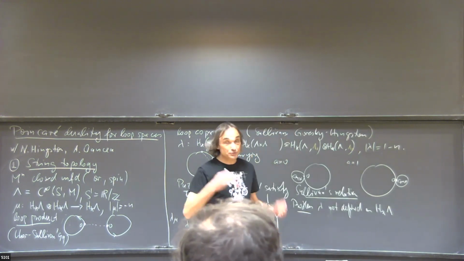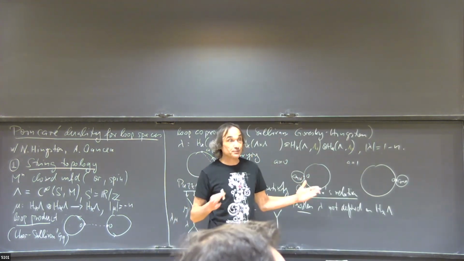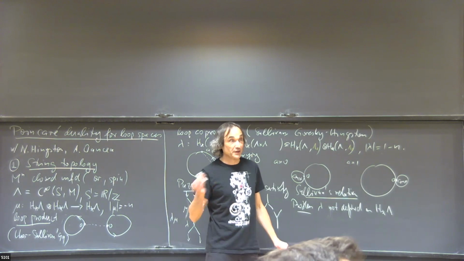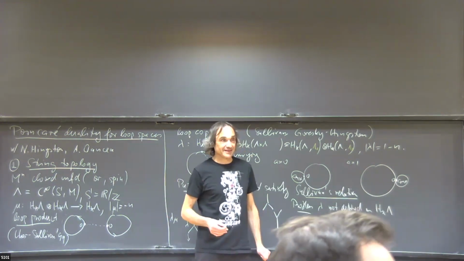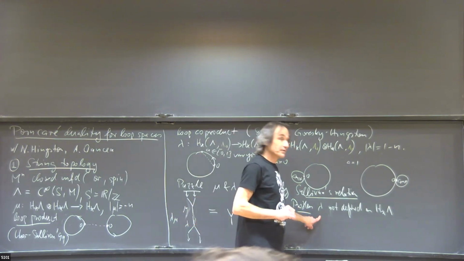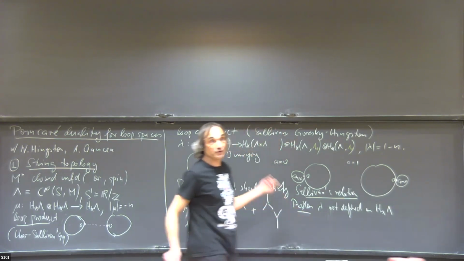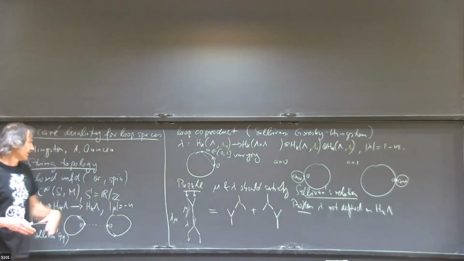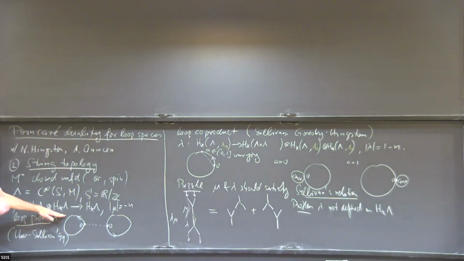So you actually do get boundary terms. Lambda is actually not well defined if you don't mod out something. And I'll come back to what you really need to mod out. Also, you could think, okay, let's just mod out the constant loops and pass the product to the quotient where we mod out the constant loops.